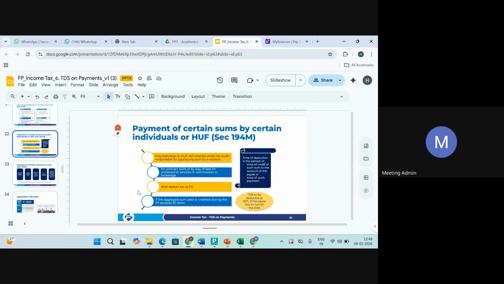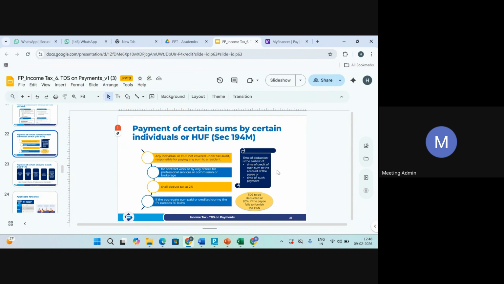Also, if the receipt, meaning the total income, is more than 50 lakhs, that individual should also pay: 10 percent for professional charges and 2 percent for technical services. Tax shall be deducted at 2 percent. I already said that if the aggregate sum paid or credited during the financial year is 50 lakhs, they also have to deduct the 10 percent of TDS.